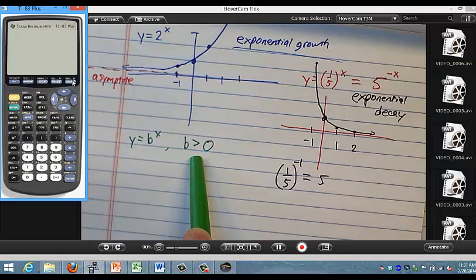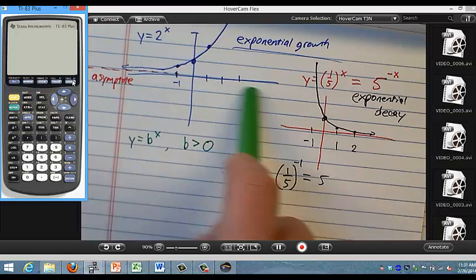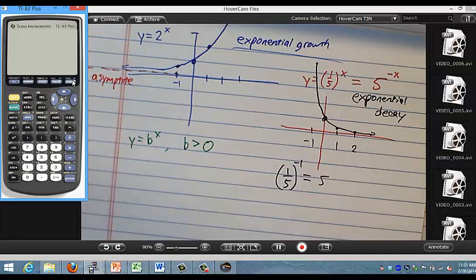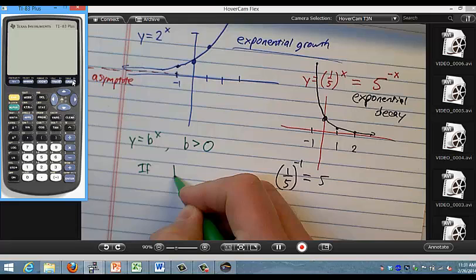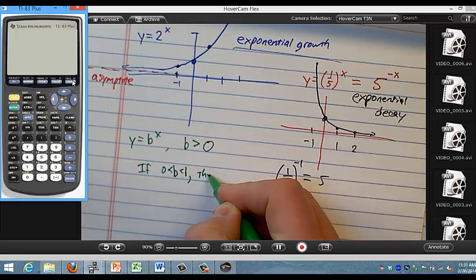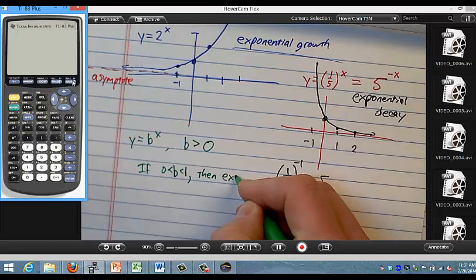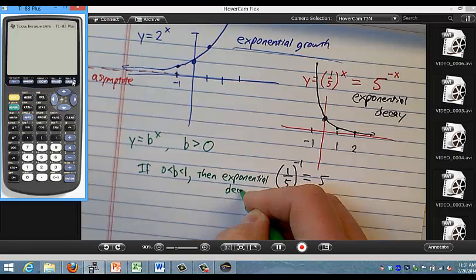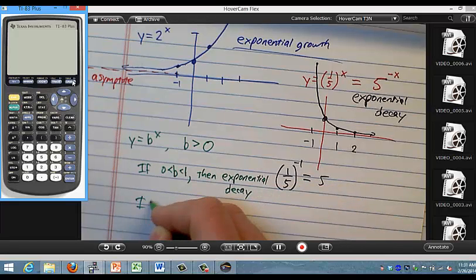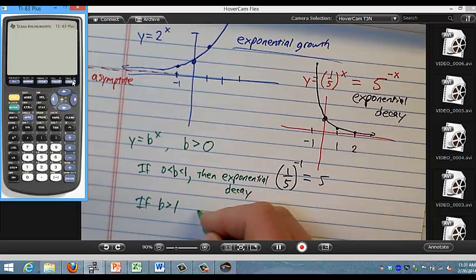Like, b equals 0 would be really boring. What would that be? Well, it's just 0, right? And I guess we know that if b is between 0 and 1, then we have exponential decay. And if b is greater than 1, we have exponential growth.